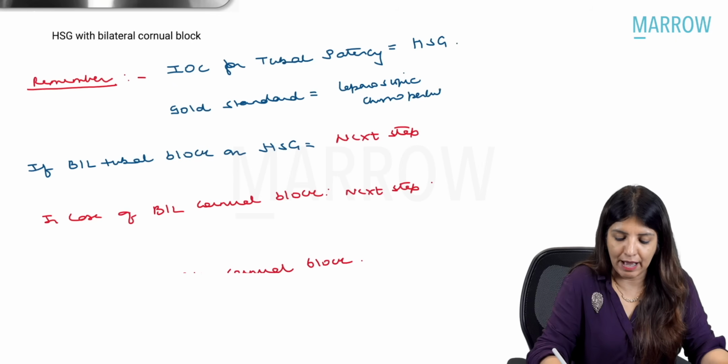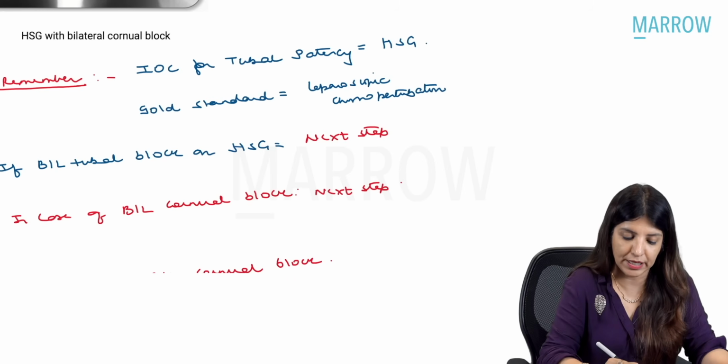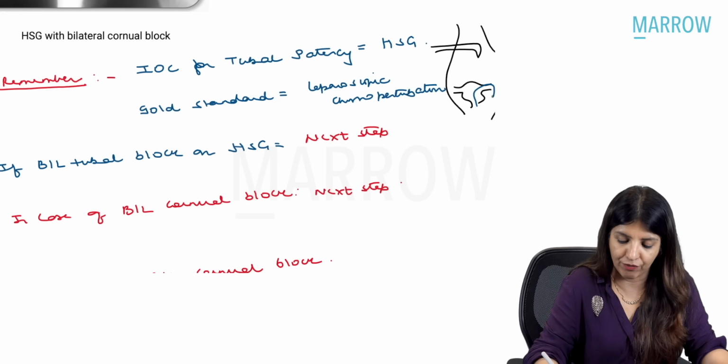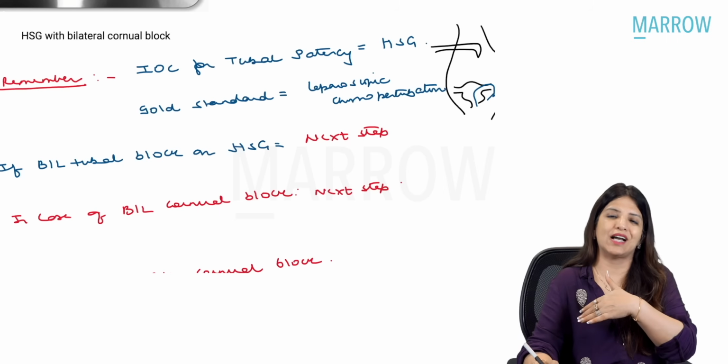What do you mean by laparoscopic chromoperturbation? It means that I put in a laparoscope and then per vaginally I put a dye, and with my own eyes I see whether the dye is coming out or not.